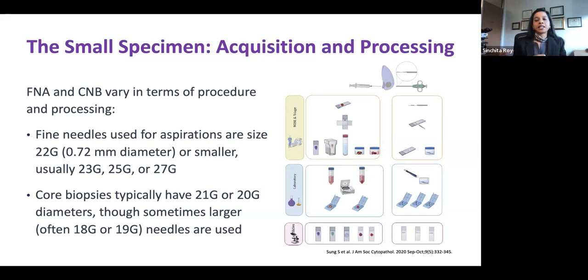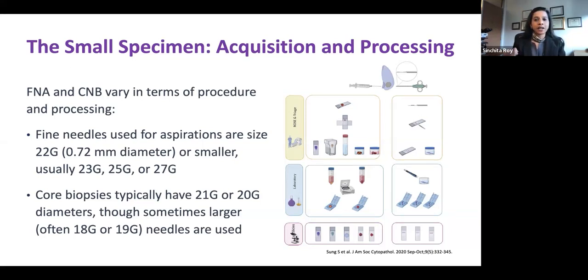As far as the procedure, as we all know, when we do an aspiration, the specimen is collected through some cutting action of the needle, as well as capillary action of the specimen going into the needle bore. Then we put it onto glass slides, or we put it into a collection media. We make smears or liquid-based cytology.